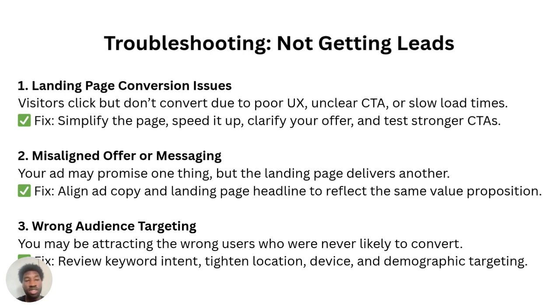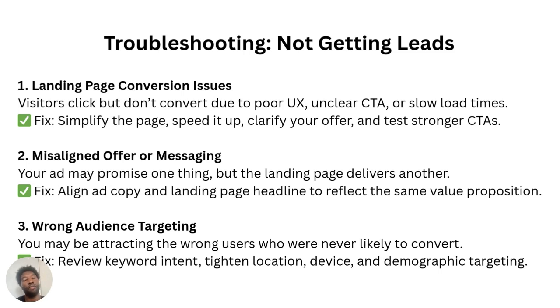The next issue might be a misaligned offer or messaging. Your ad may promise one thing, but the landing page delivers another. For example, if your headline says rates start at 5%, and then on the landing page it says rates start at like 6.5%, that's a misaligned offer, and it's going to lead to lower conversion rates, just because what somebody was looking for was that 5%, not the 6.5%.